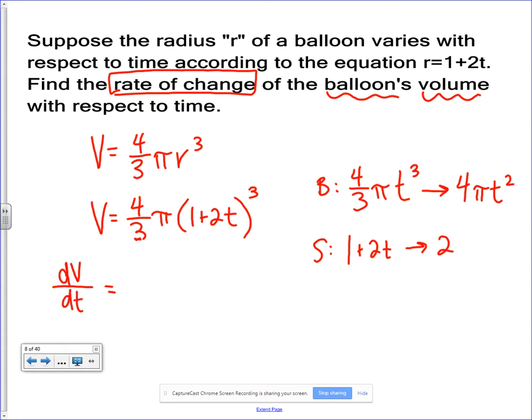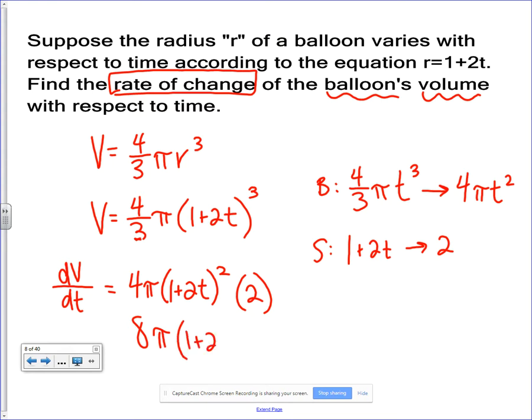Please notice the notation that I use there. Derivative of volume with respect to time, dV over dt. All right, so derivative of the big function with the little function inside times the derivative of the little function. Put it all together, and this will be my final answer.